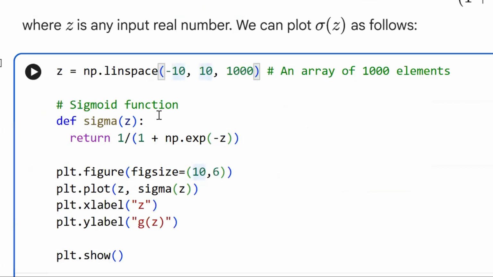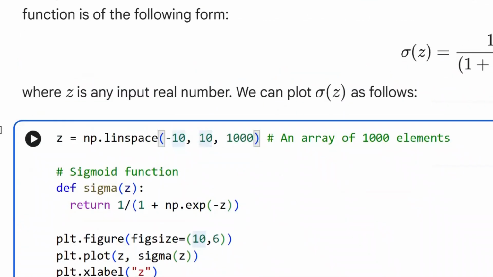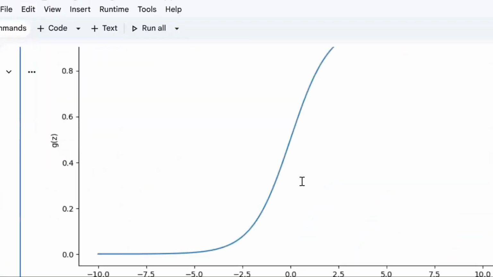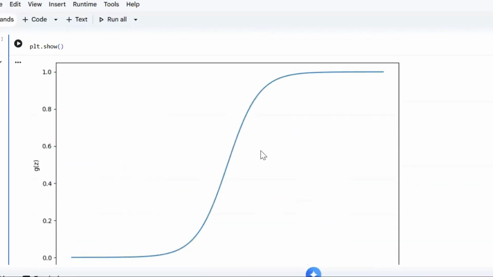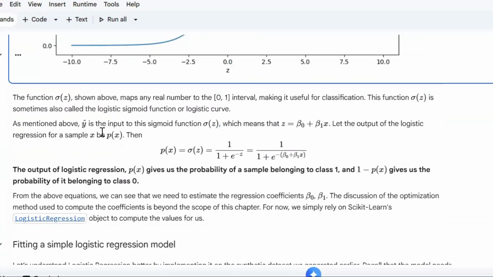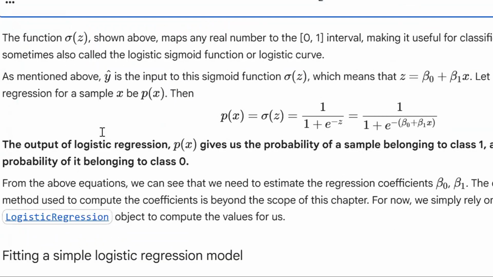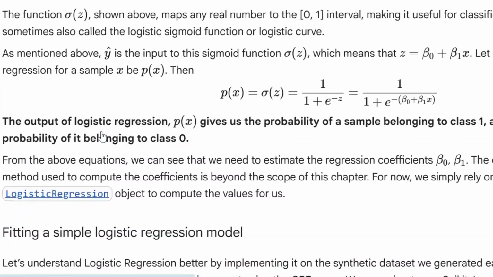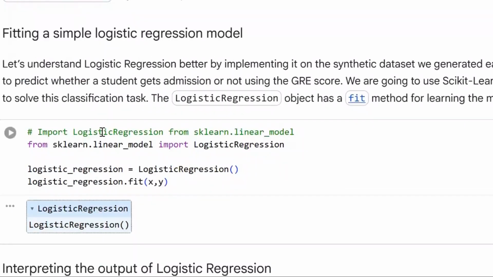This gives you the sigma value, with the equation of the sigmoid function written here. If you plot it like this, we get a sigmoid curve. What I told you previously was we are setting a 0.5 threshold, and anything above 0.5 is one class. I've talked about that many times. So this is exactly what the logistic regression model looks like.